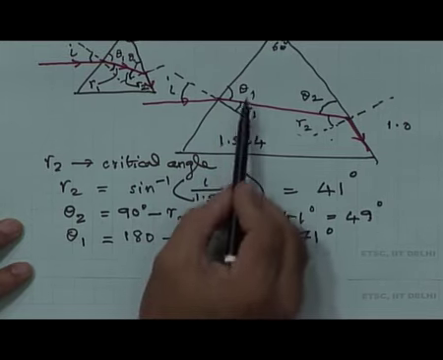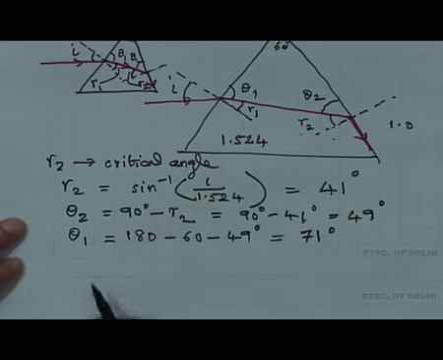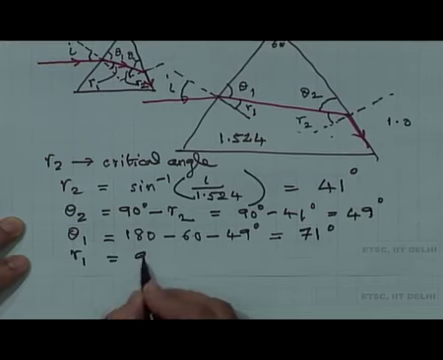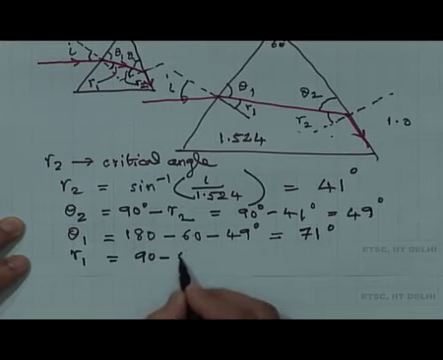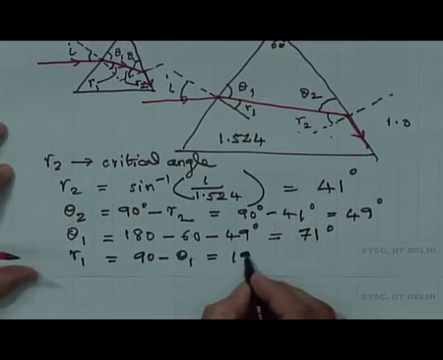Once we know theta 1, we know what is R 1, because this is 90 degree, this is normal, and therefore, R 1 is equal to 90 minus theta 1, which is equal to 19 degree.